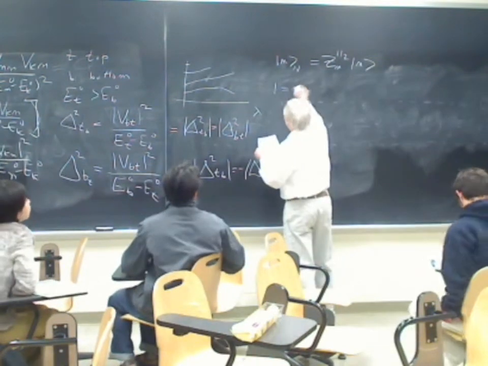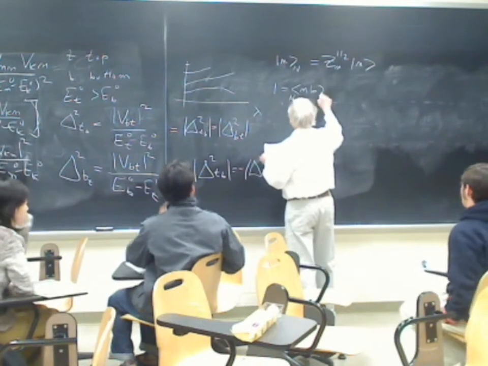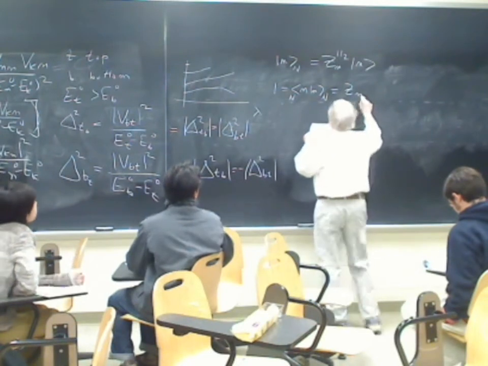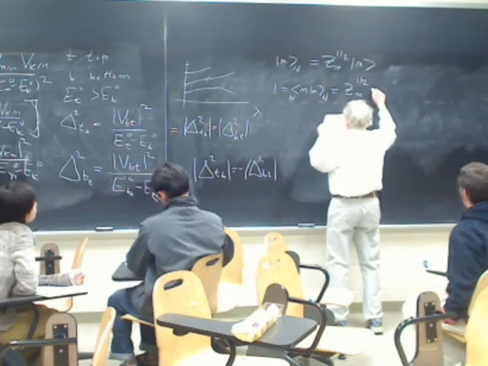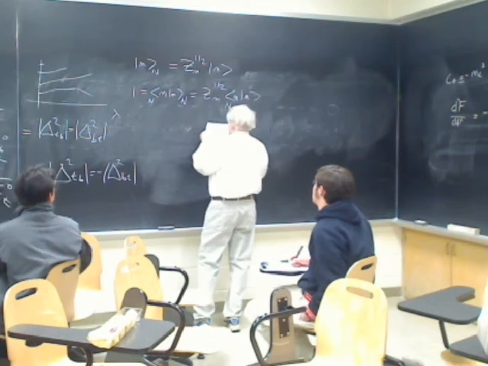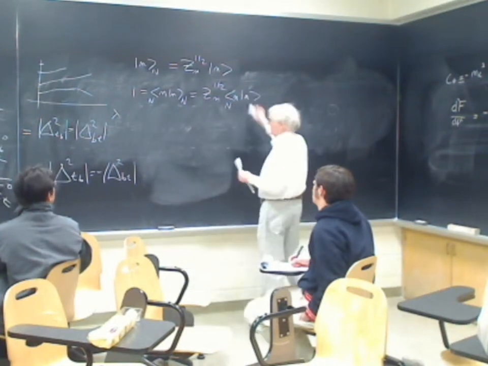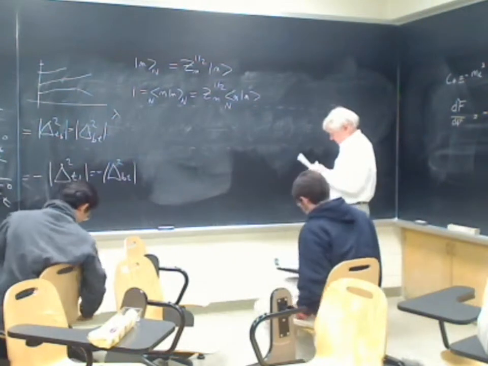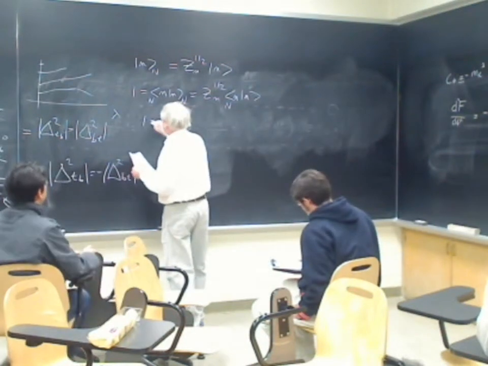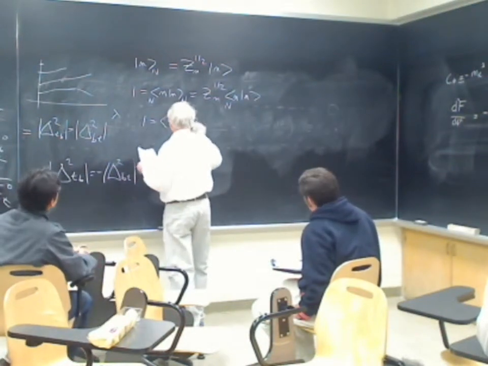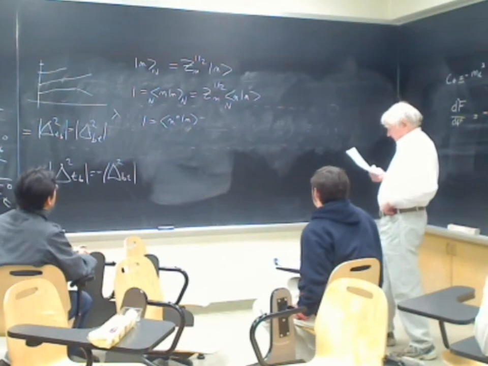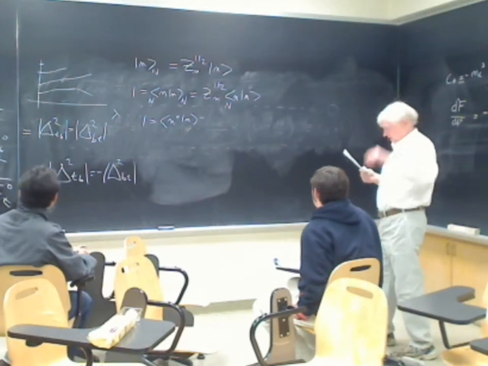So |n> is equal to Z_n^(1/2) times |n)... so this is the unnormalized one. And we took as a condition that <n0|n) was equal to 1. That's the way we set it up, by that equation way up there.